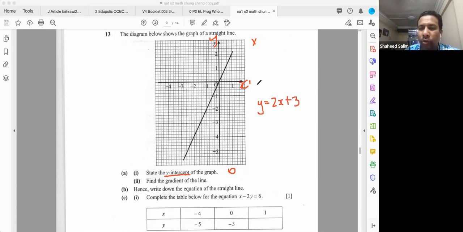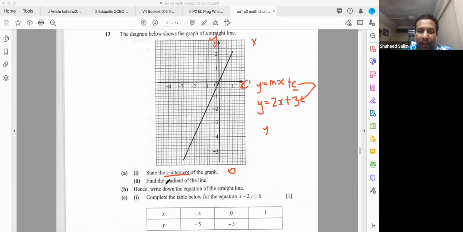They have taught you in your classroom that m is the gradient and c is the y-intercept. Did they use the word c here? No, they didn't. So c is the y-intercept. Down here is 0. It's like y equals mx. It could be y equals 3x or 2x or 1x or whatever.